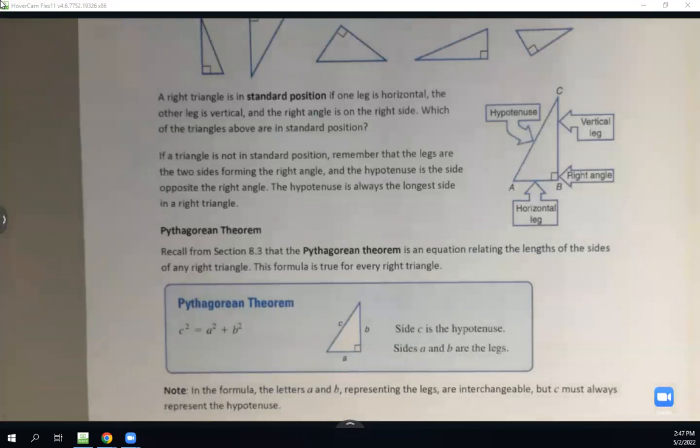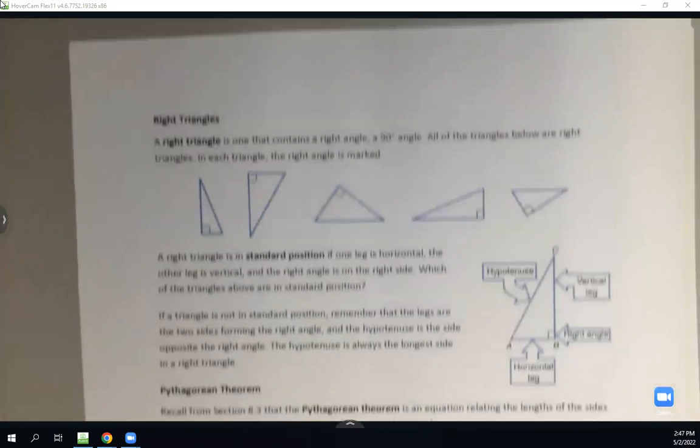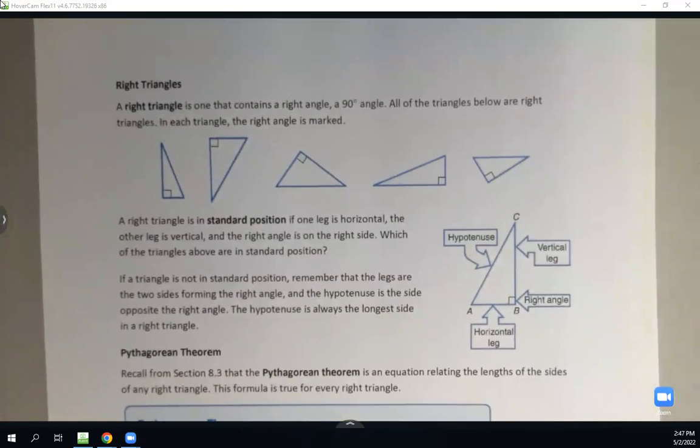Okay, so that's primarily what we've talked about so far. We've talked about degrees, minutes, and seconds, and we've talked about radians, and why we would use a radian. That's where the length of an arc or the area of a sector came in.